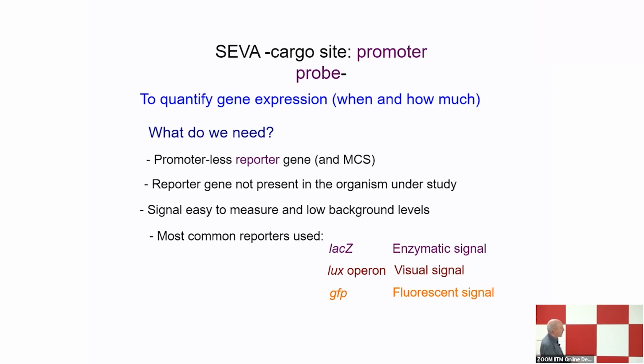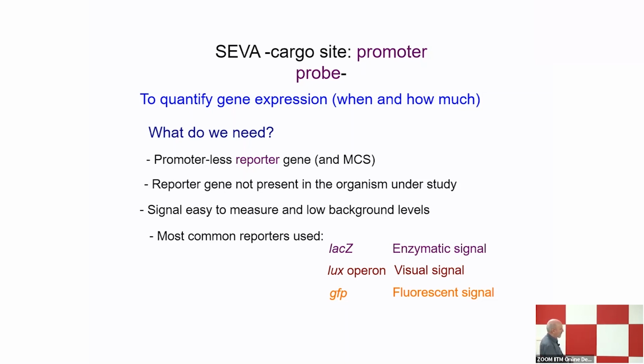Obviously the reporter gene will not be present in the organism under study, and then you have some of them that give you signals that are very easy to identify. LacZ is a very popular, or was a very popular, enzymatic signal, because you have many substrates of LacZ that will give you some color, some blue color, other colors, but others are here, like the lux operon, that will give you luminescence. That is also very nice to see.